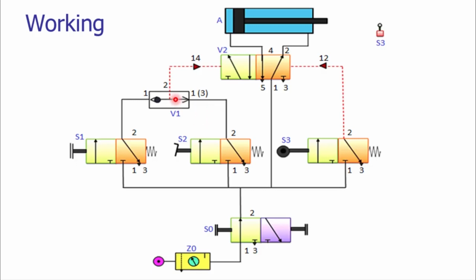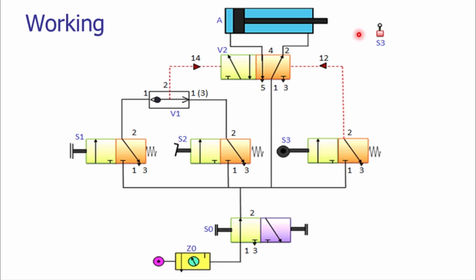And the input from the shuttle valve is given to the direction control valve. So this is the DCV. This is a 4x2 DCV. Although the number of ports shown here is 5, the 5 and 3 are the vent port, the exhaust port. So we are considering 5 and 3 as a single port only. Two positions are given for the DCV.